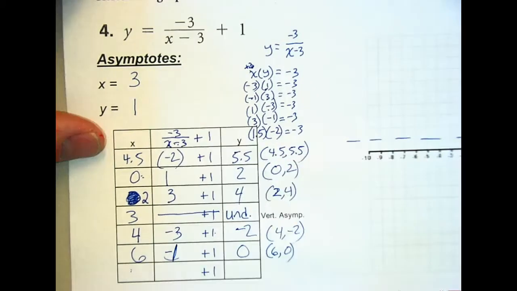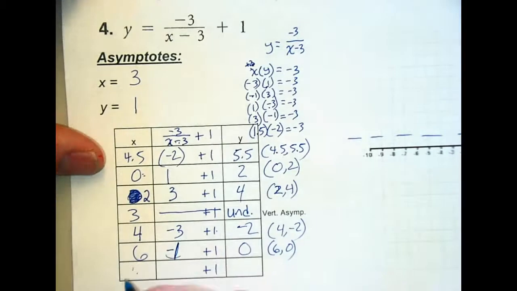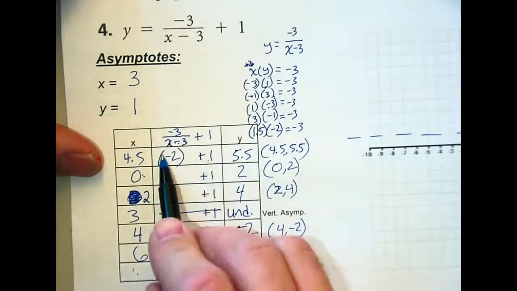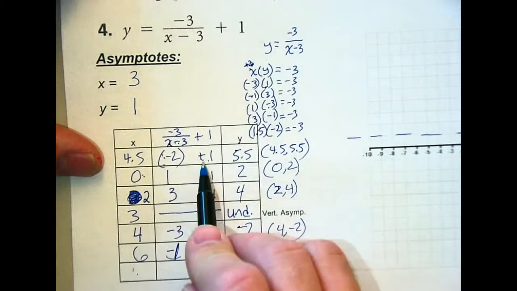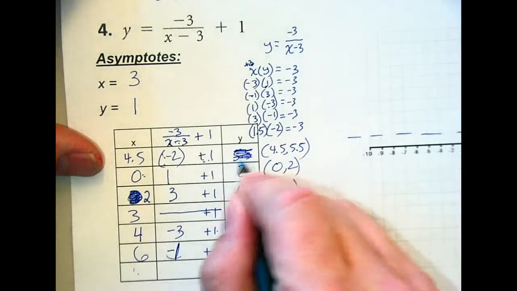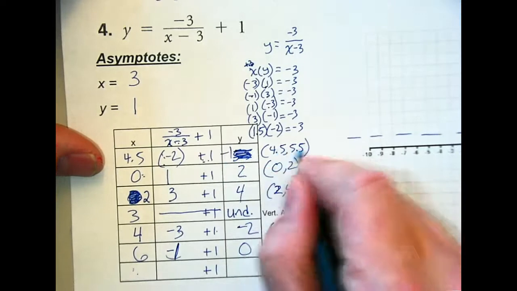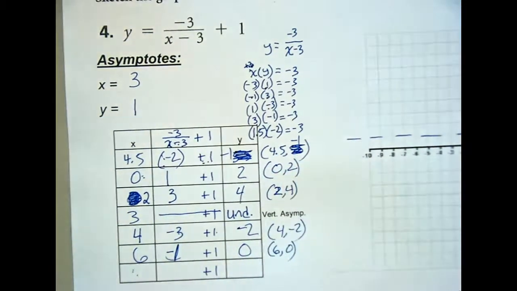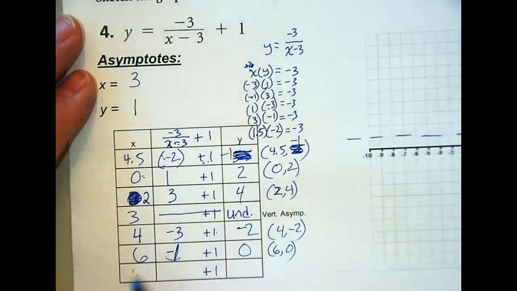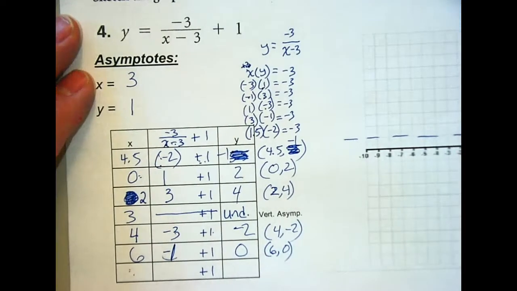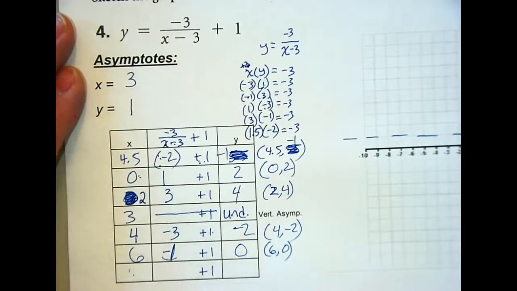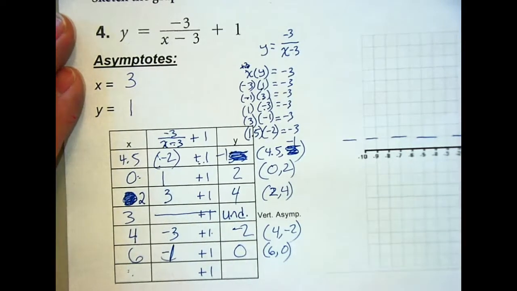Okay. And what other? Wouldn't it just be 2? Negative 2 plus 1, yeah. It's not 5.5. That would be negative 1. Unbelievable. I know, that's what happens when we get in a rush. Okay.